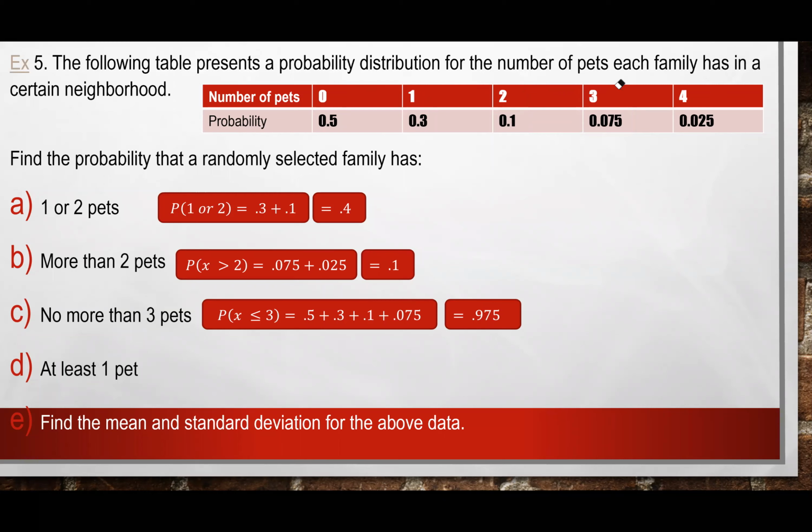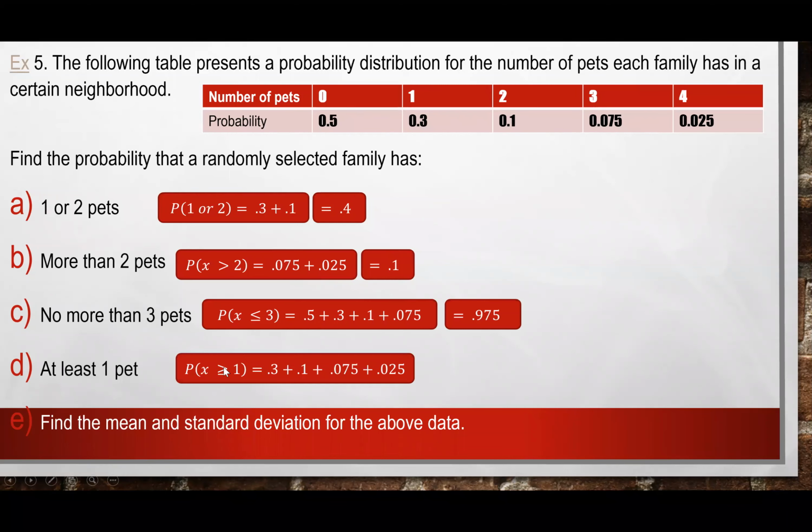Okay. So looking at this, if you remember, what about the at least 1? Well, at least 1 means 1 or more. If you remember, I told you that if you go to a casino, you have to be at least 21 to go in, meaning 21 and above, right? So at least 1 means you take the 1, add the 2, add the 3, and add the 4, which is 50%.